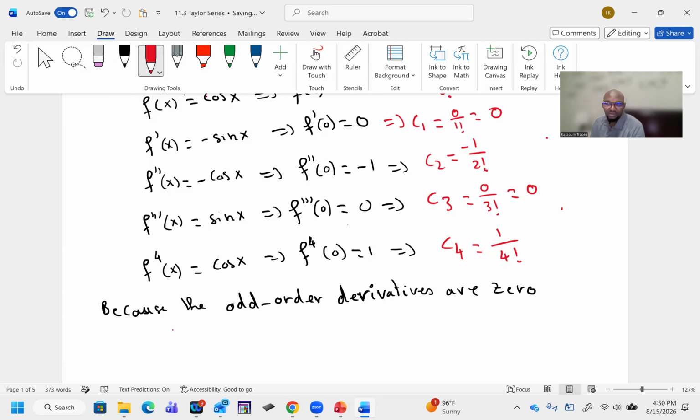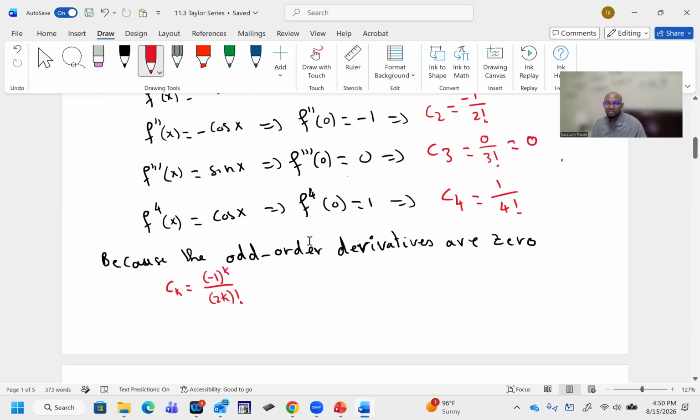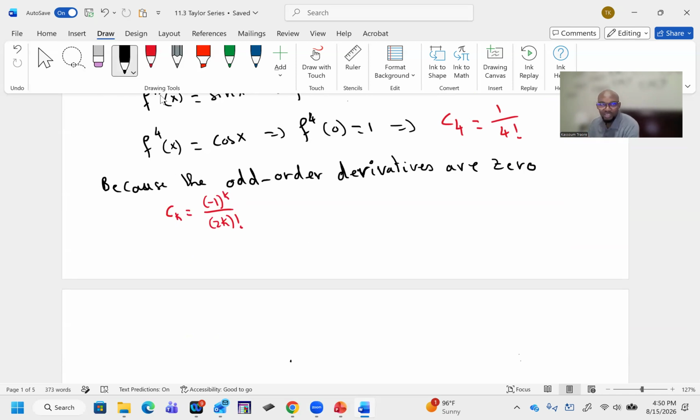Our c sub k will be equal to negative 1 to the power of k divided by 2k factorial. Do you see it? That is why you can see the first term will be 1 minus x squared.